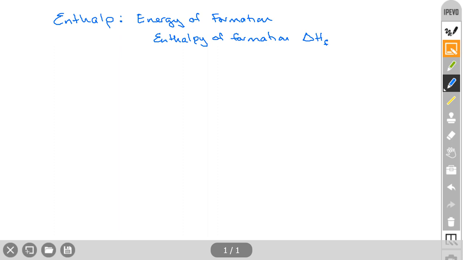It forms something. This is how much energy is used to form that compound. So enthalpy of formation is the energy exchange, either positive or negative, during the formation of a compound. Okay, that's the definition of energy of formation.